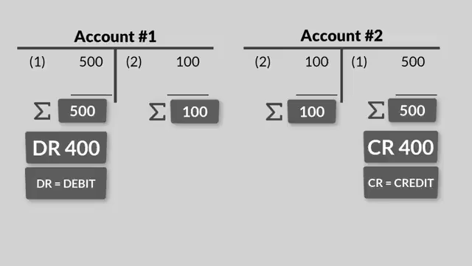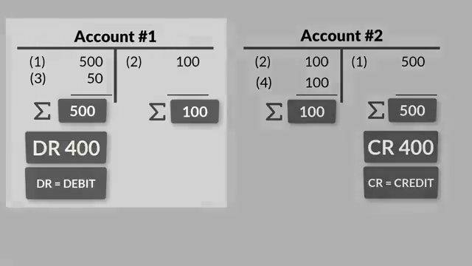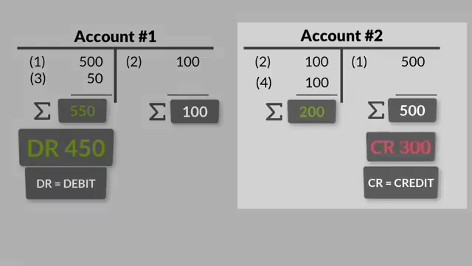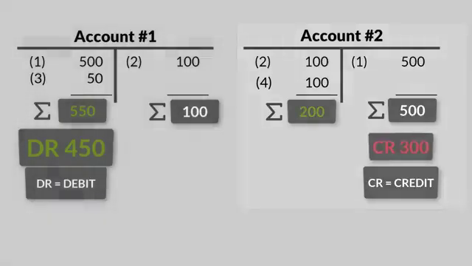Here comes the confusing part. Let's say we have another transaction that adds another debit of 50 to account number 1 and one more transaction with a debit of 100 going to account number 2. Let's just say the credits for these transactions go to different accounts. We don't need to worry about these for now. What would happen is that the balance of account number 1 would increase while the total of account number 2 decreases.